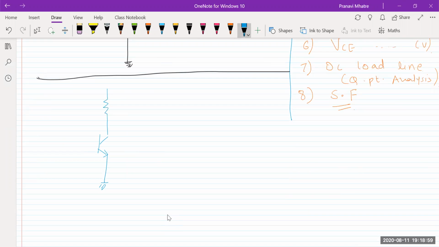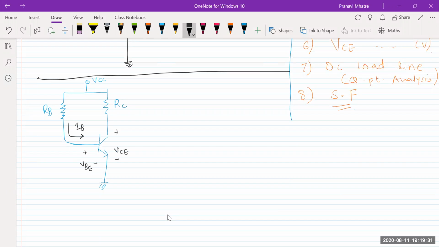Always draw the transistor first when you start the analysis, whether it is AC or DC, and that transistor should be in a single line. Then RC, RB. Mark all the voltages and currents. This is IB, this is VBE, and this is VCE.